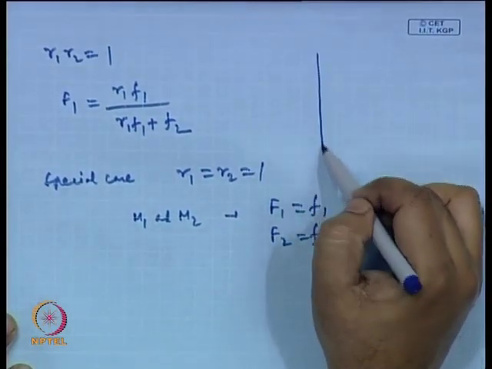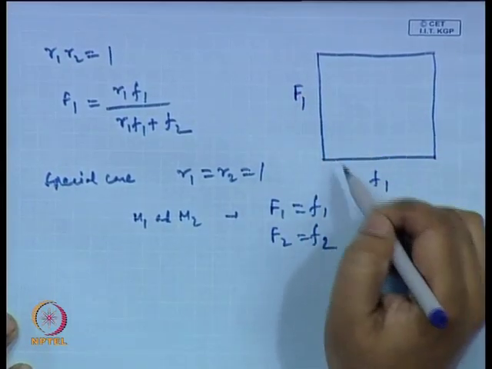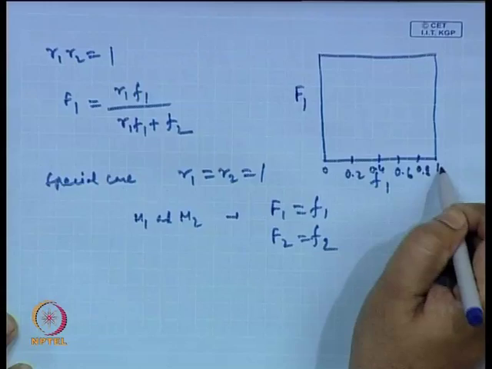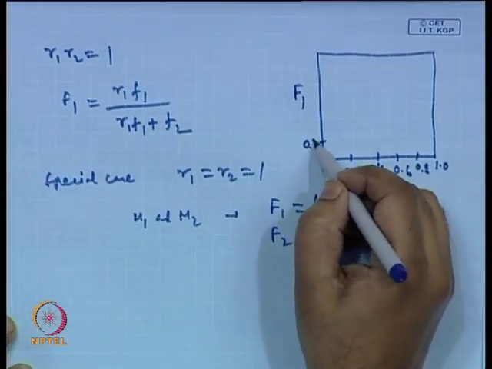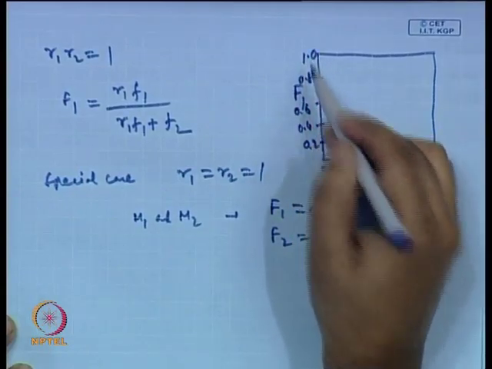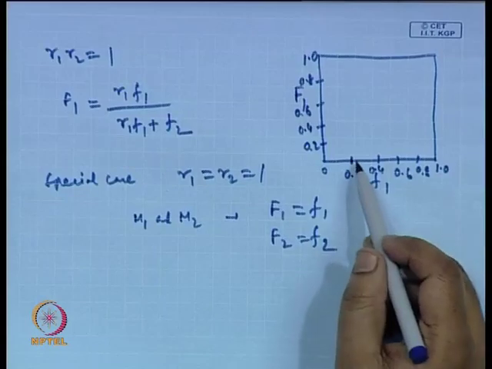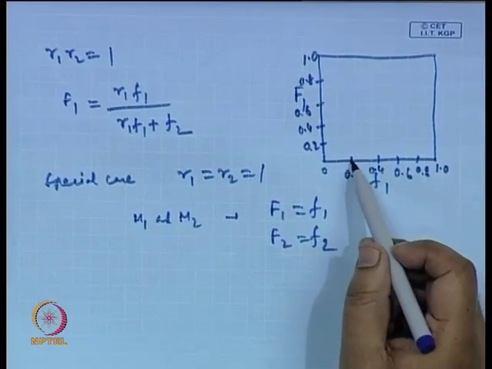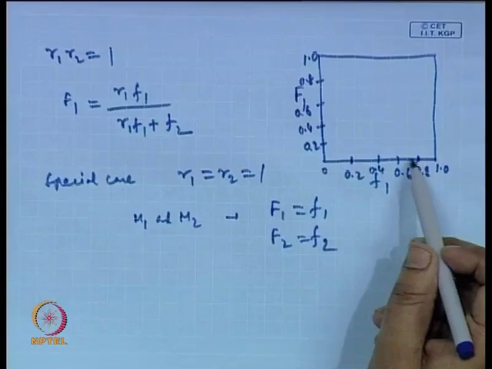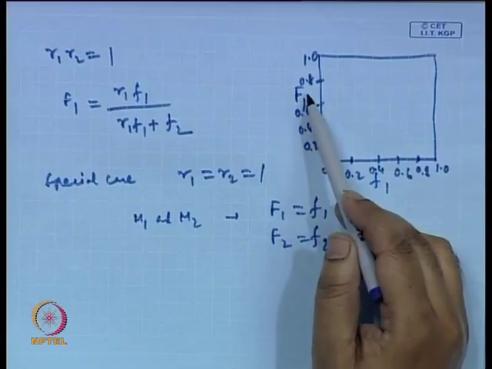So, if I want to plot F1 versus f1, with values 0.2, 0.4, 0.6, 0.8, 1. This corresponds to 20% composition of monomer M1 in the free monomer in the reaction mixture, and this corresponds to 80% of free monomer M1 in the reaction mixture, and this corresponds to 80% of the monomer M1 in the copolymer.